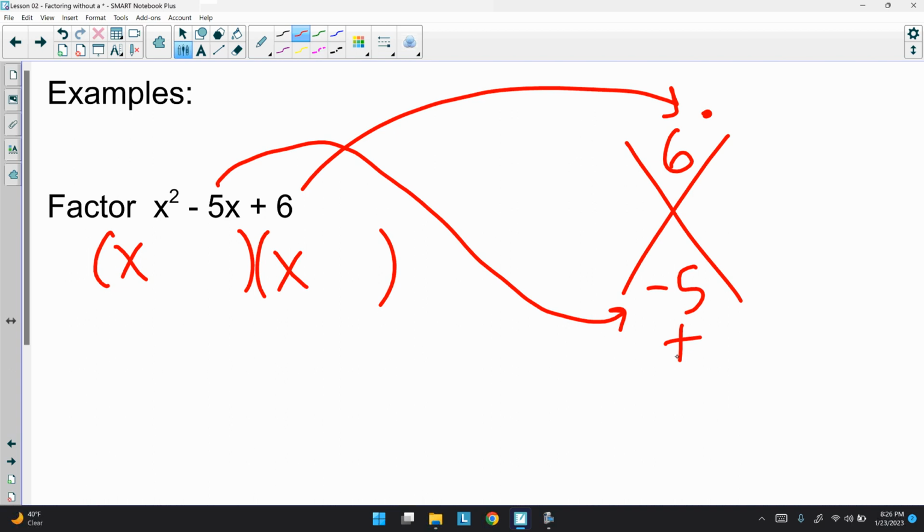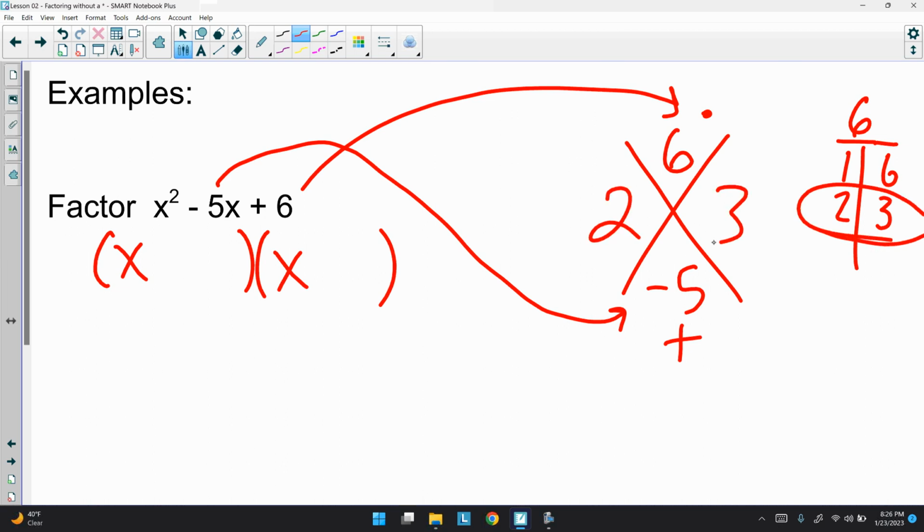Now, depending on how bad these numbers are, knowing your multiples, knowing your factors, all that good stuff, you know this is 1 and 6 and 2 and 3. I can get a 5 out of the 2 and 3. So I know 2 times 3 is 6. I know I can get 2 plus 3 to make 5.